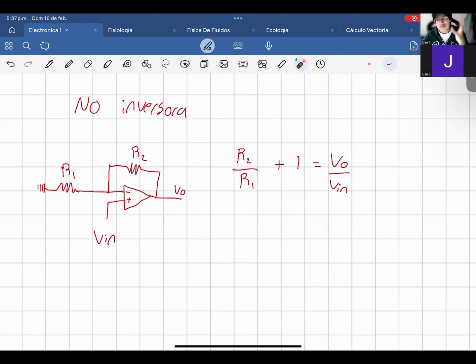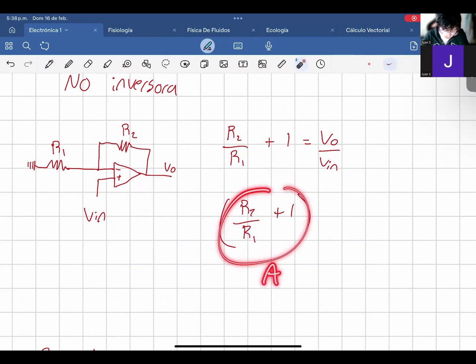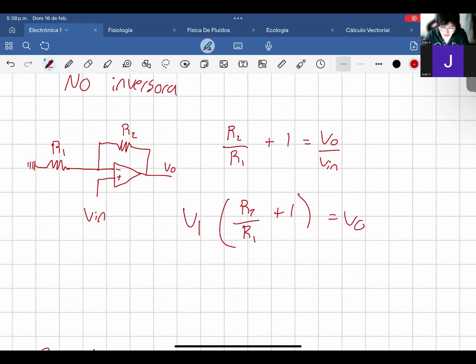What could we say about this? If we want to know the output voltage, then we would use R2 over R1 plus 1. This is our gain, multiplied by V1 equals V out. So let's say in one case, let's give it 1K over 1K, and a source of 2 volts.